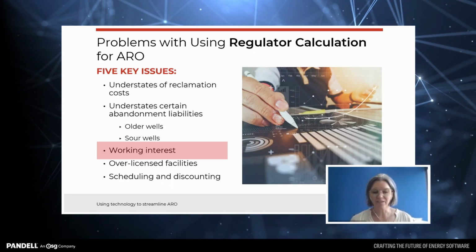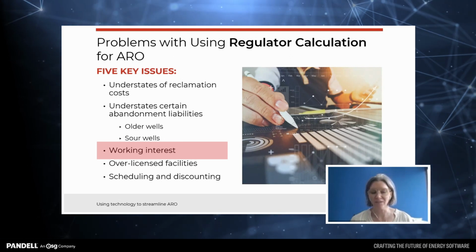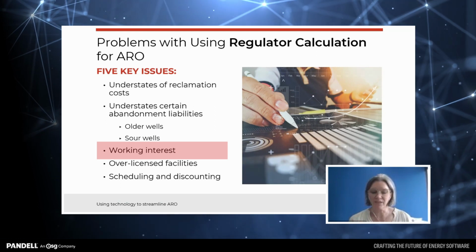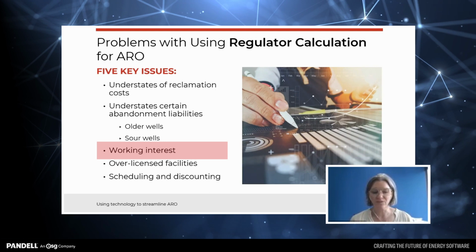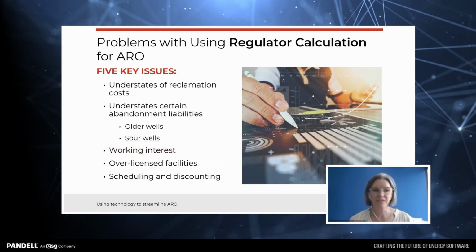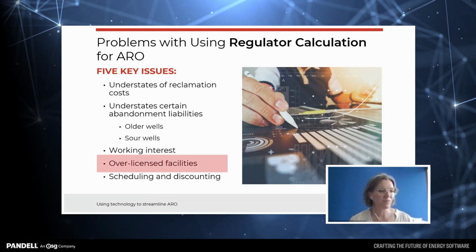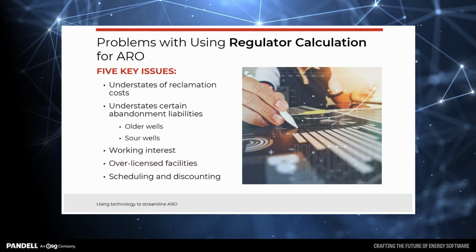Failure to accurately assess working interest obligations can result in an underestimation of ARO liabilities if you're a working interest partner in a lot of different assets. It can potentially disrupt your stakeholders regarding cost sharing responsibilities. As well, facilities were often over licensed in the past, which is something to consider. So a lot of the facilities are actually overstated.